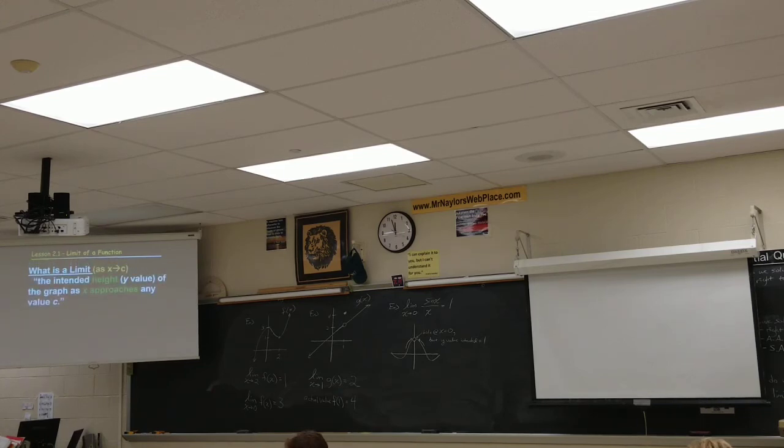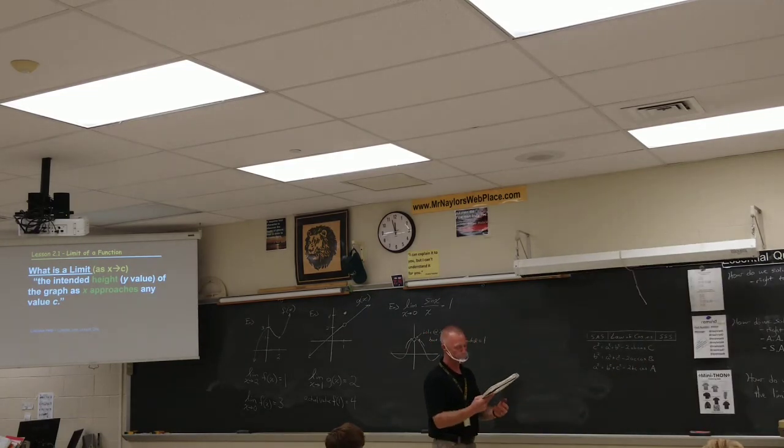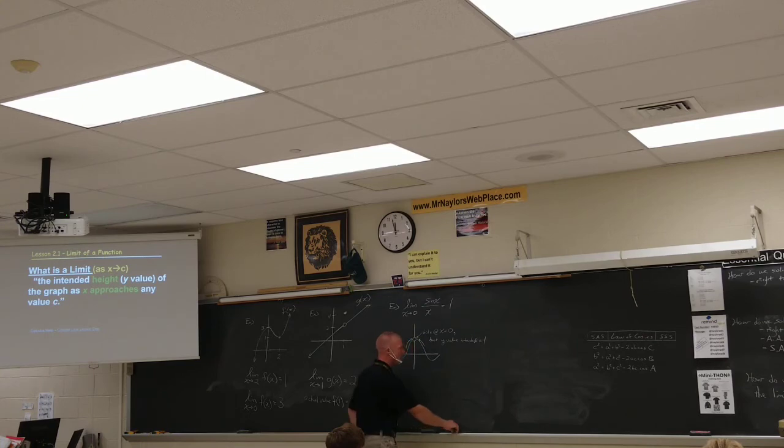To maybe quote or paraphrase one of the last things he said, even though the graph does not reach a height of -2, it doesn't matter. It only matters that it intended to get to that height. Now, I want to take that problem and kind of do it with you, show you an algebra way. Okay, so it's the same problem to solve.